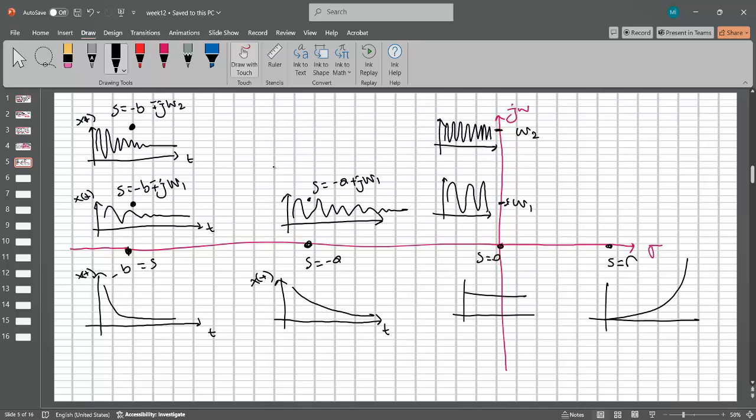Okay? So, what's the stable region? Which ones are called stable? This is stable or not?